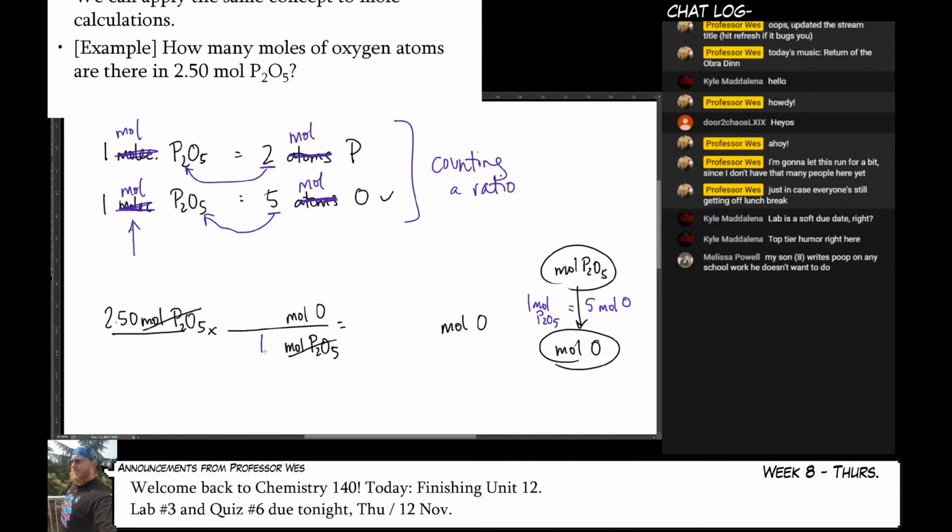Well, there's 1 mole of P2O5 for every 5 moles of oxygen. And that's how you end up just multiplying by 5 here. So 2.5 times 5 is 12.5. So that's a really straightforward example.